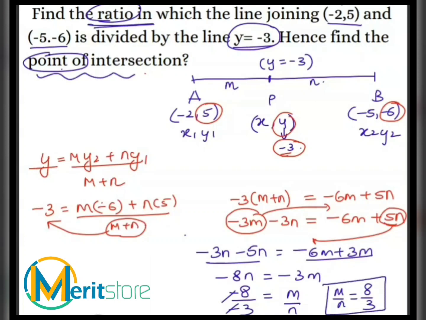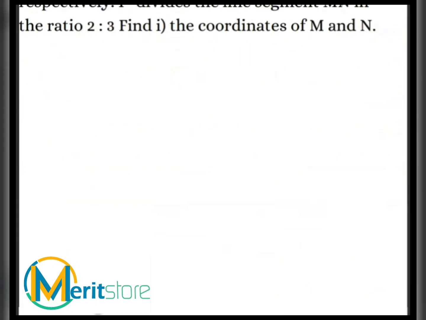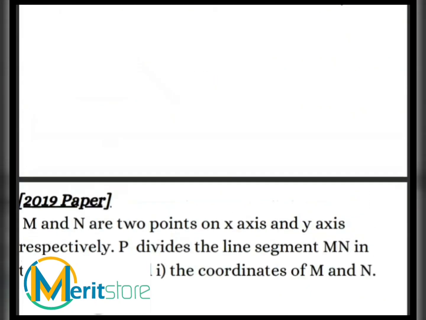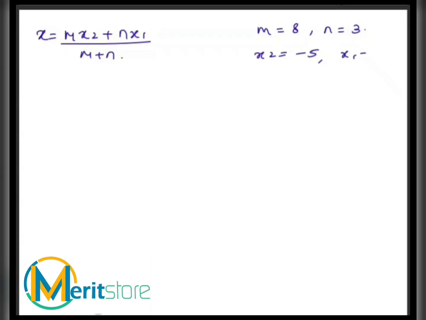Now I need to find the point of intersection. That means I need to find the x and y value. Y I already know, it's -3. Let's find the x value using the ratio 8 upon 3. And let's use the x formula here. So the x formula would be m x2 plus n x1 upon m plus n. Now m is 8 and n is 3. x2 is -5 and x1 is -2.